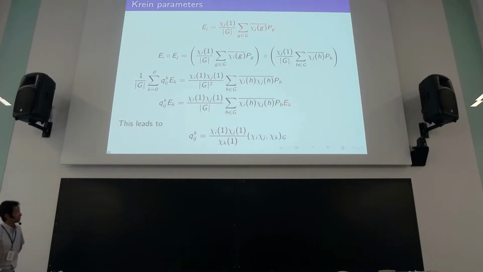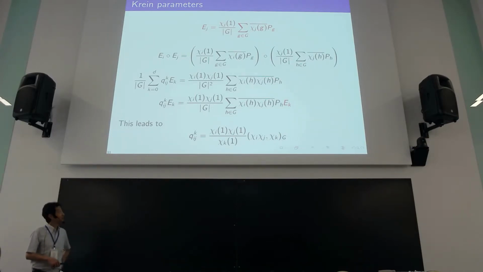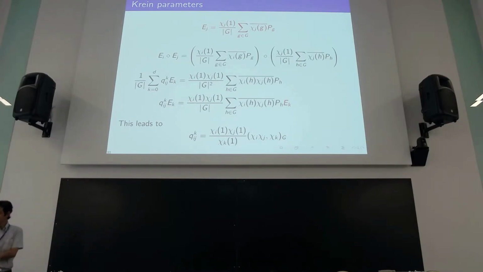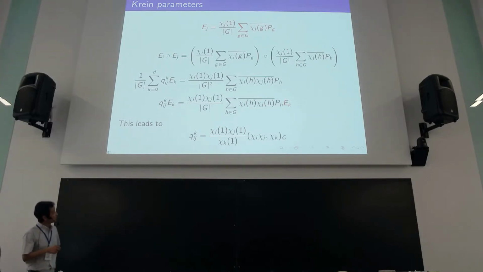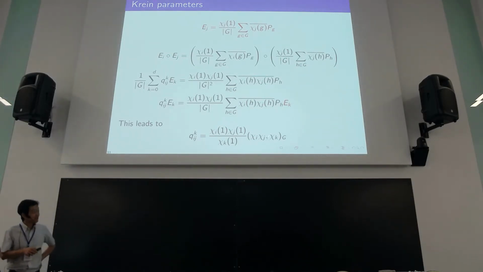So from this, the prime parameter in this special case is nothing really new. In character theory of finite groups, this kind of coefficient is quite important. It is called the tensor product coefficients. I will explain why they are called tensor product. So the Qijk differs from the tensor product coefficients only up to this scale, which is just a positive rational number.